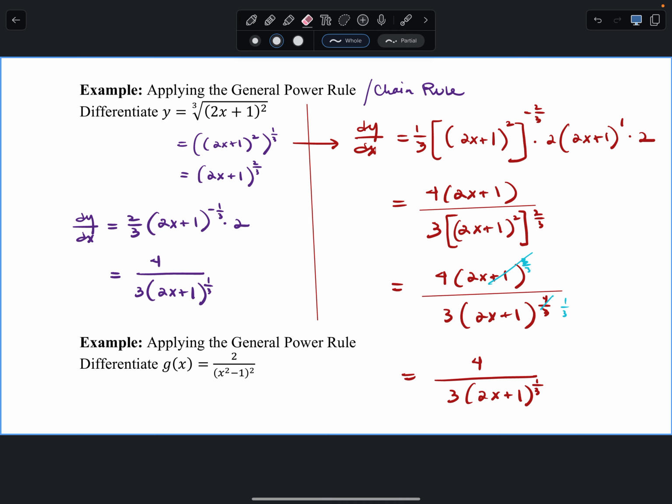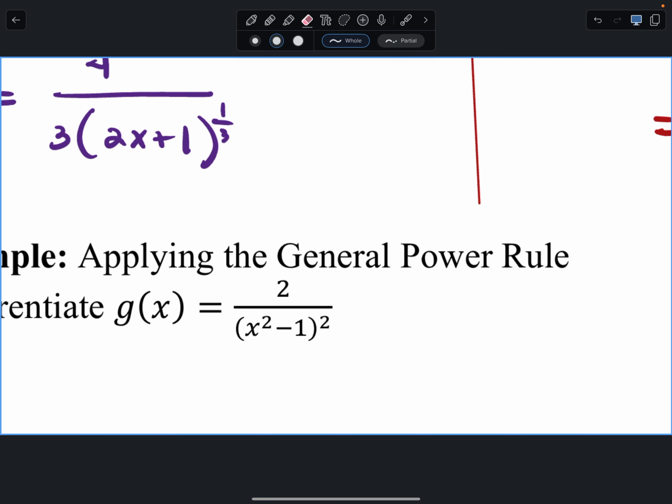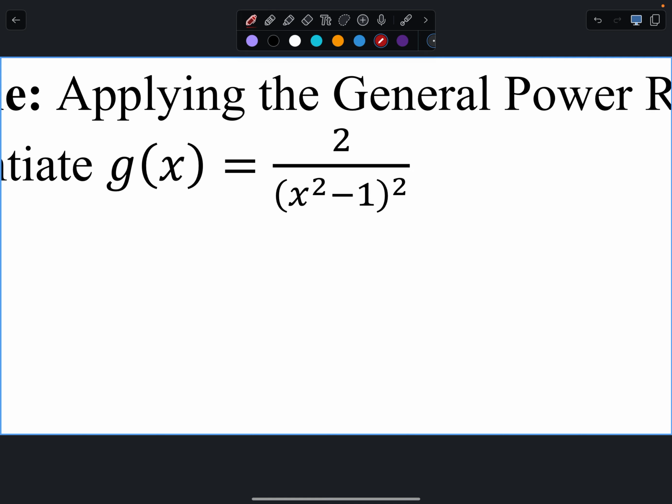For finding G prime, did we do low d high? No, we rewrote it. How'd you rewrite it? It's just the quantity x squared minus 1 to the negative 2. Yeah, and then you can just use chain rule in this case. And that's the cool thing about chain rule.